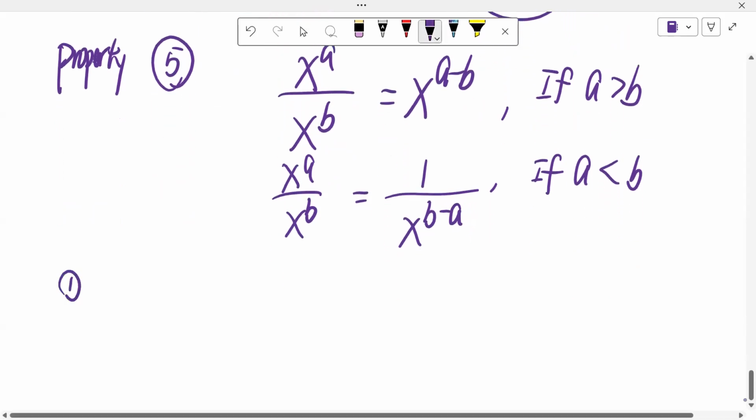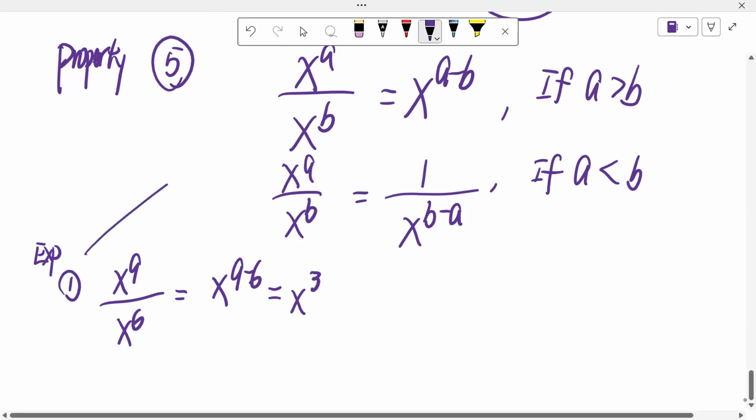So for example, let's say example 1, if it's x to the 9 over x to the 6. Notice that the power on the top is bigger, so you do x to the 9 minus 6, keep it on the top. And then it becomes x to the 3rd. Second one, let's say I have something like x to the 4th over x to the 10th.